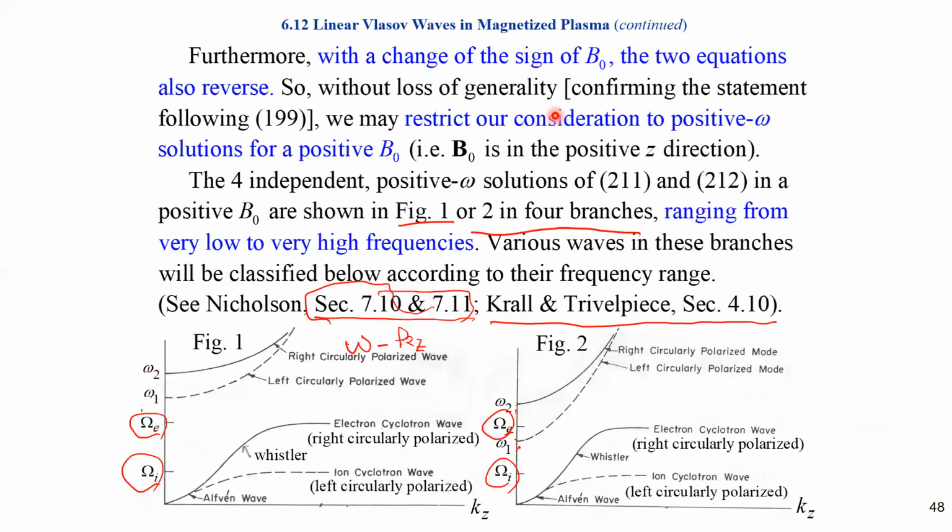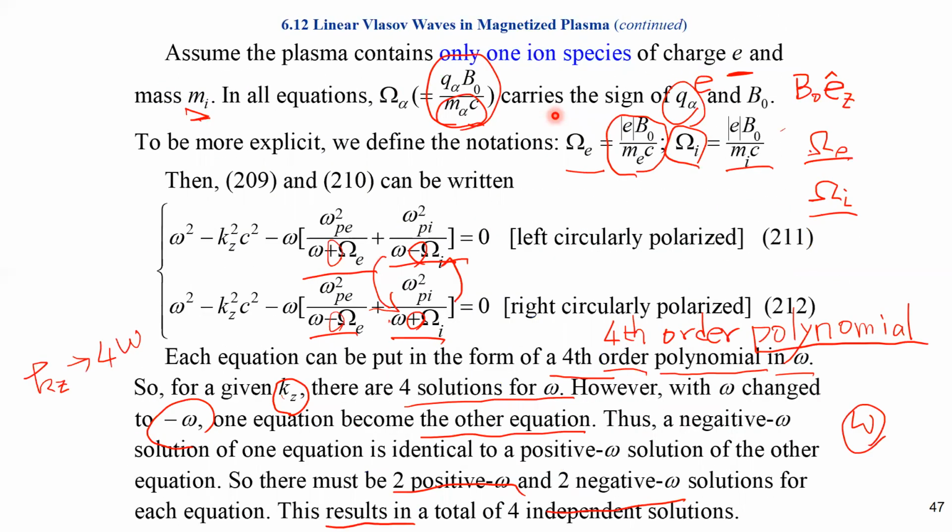Both electrons and ions, we should write the equation like this one. Comprised of ion, electron cyclotron frequency, ion cyclotron frequency, electron plasma frequency, ion plasma frequency. That's different. Density may be the same, but plasma frequency will be different here.